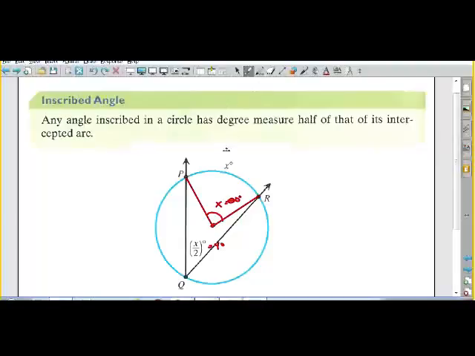So these 2 points are fixed, but I can vary point Q, and I can make other inscribed angles, or angles inscribed. So if I went from here to another point on the circle, this angle would also be 40 degrees.